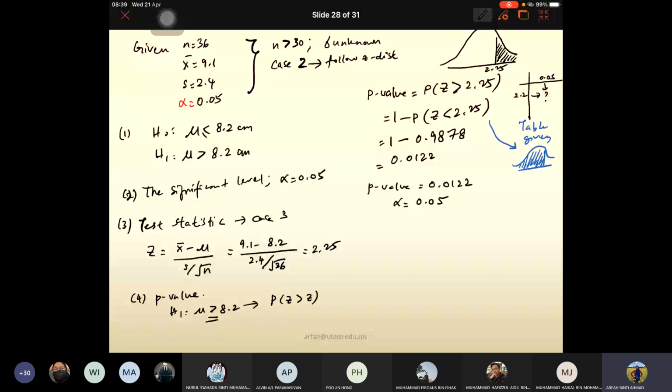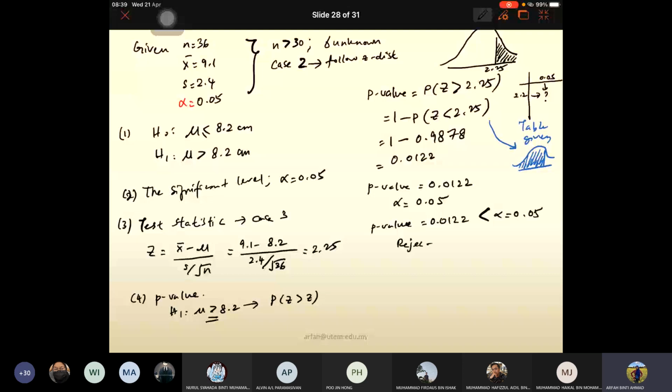Are you going to reject or accept H0? Reject, okay, correct. Because the p-value equal to 0.0122 is smaller than alpha equal to 0.05.